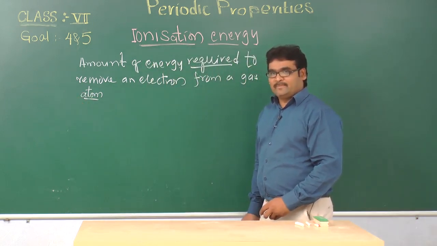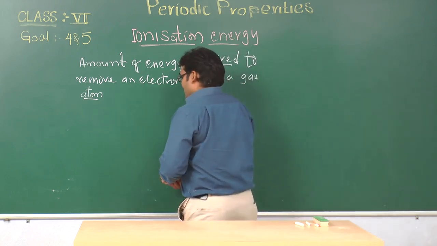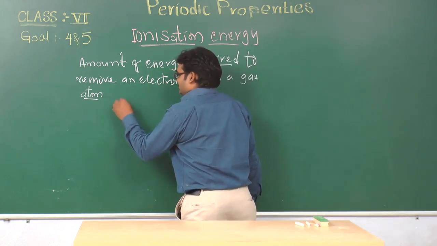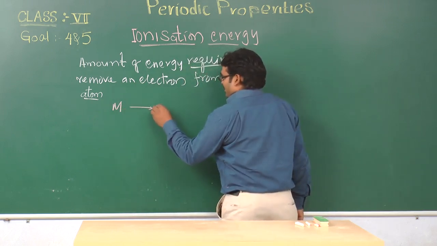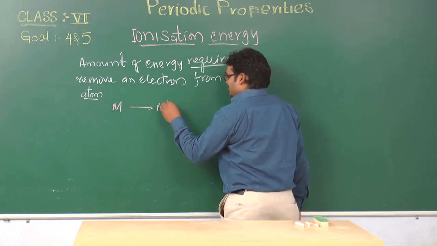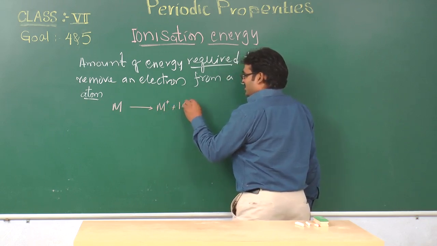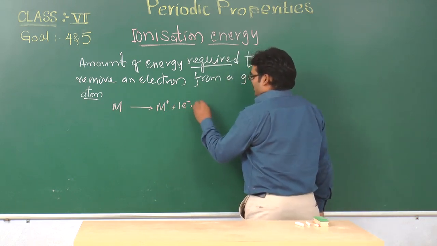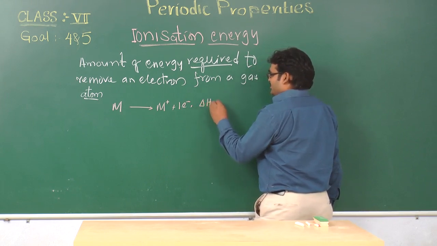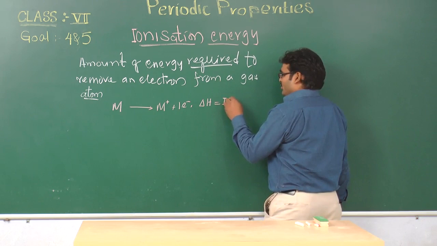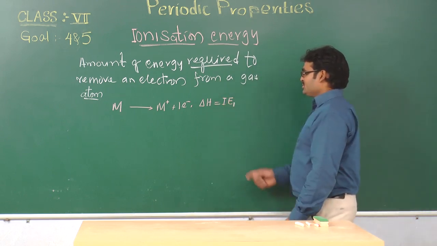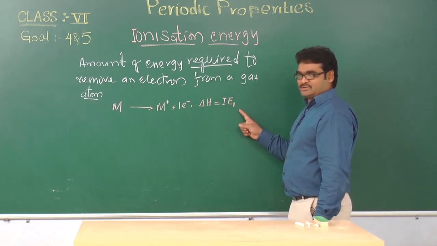In a simple way, if you take a metal M, suppose an electron is being removed from this, we get M+ plus 1 electron. So, delta H, which is written as IE1, is the first ionization energy.